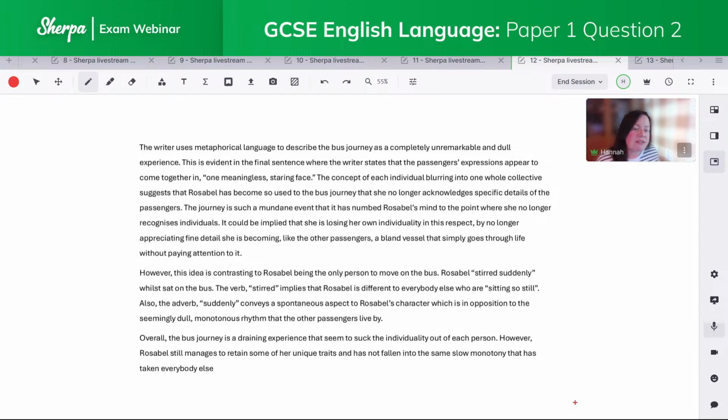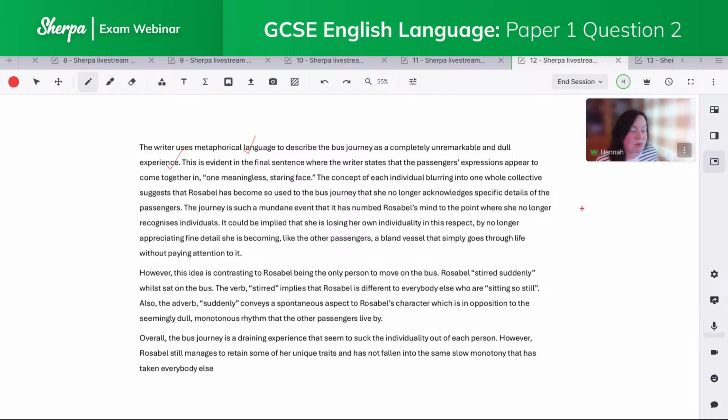What you might notice as we read through is that the language is quite complex. It's very well chosen. What I will show you in a moment on the next screen is an example of how you might simplify the language and still do pretty well. So the writer uses metaphorical language, terminology, to describe the bus journey as a completely unremarkable and dull experience.